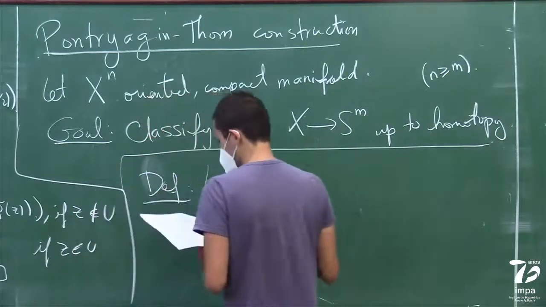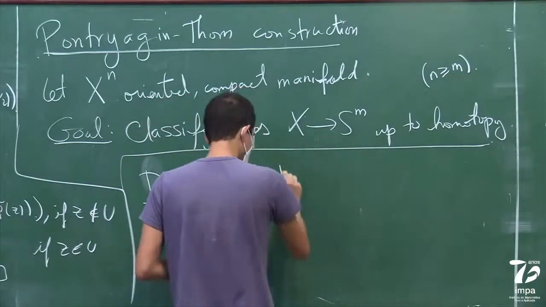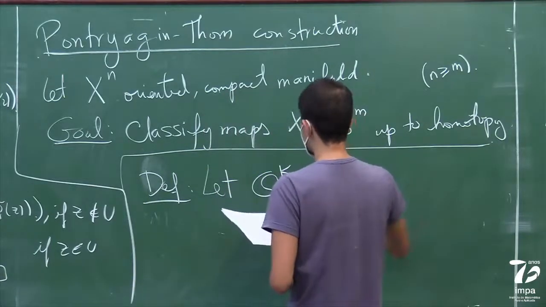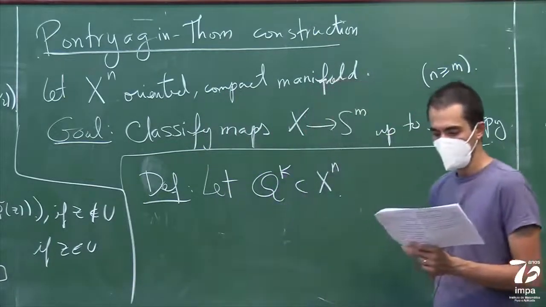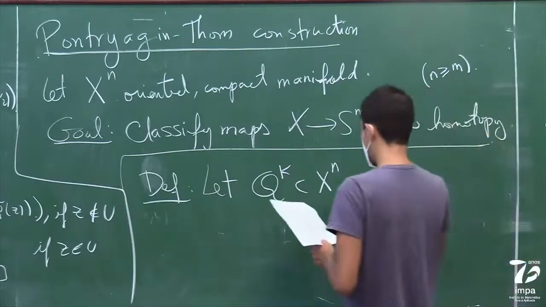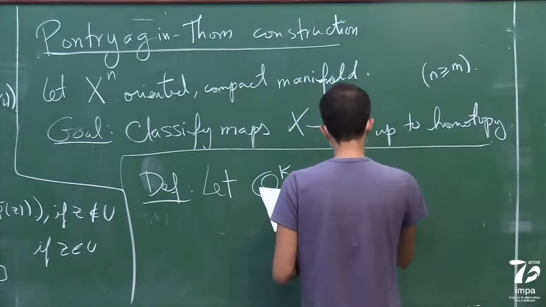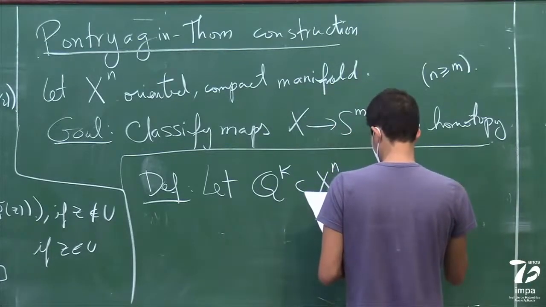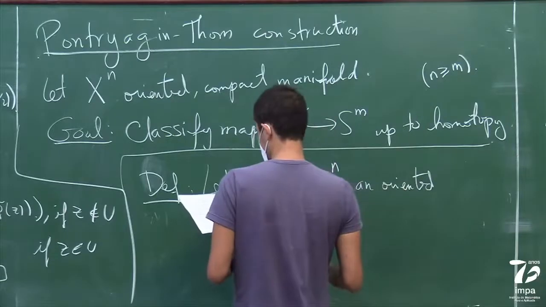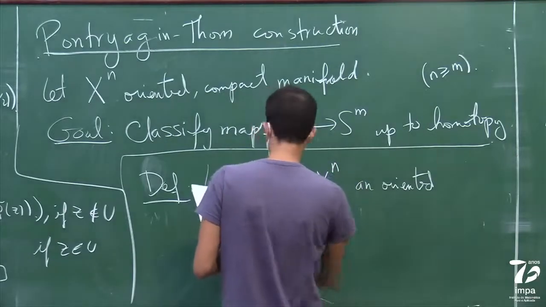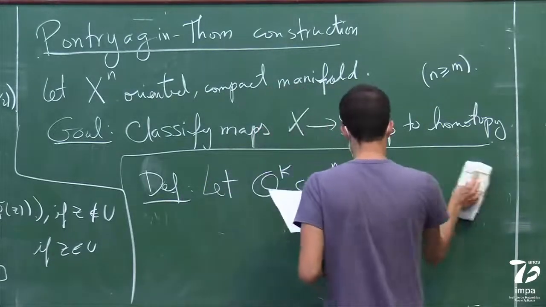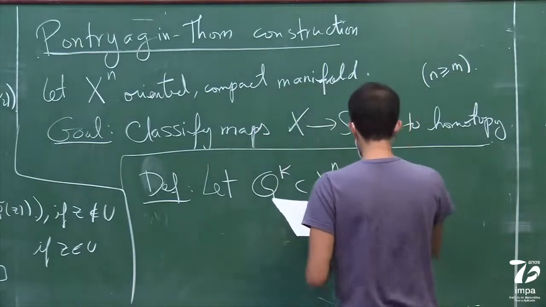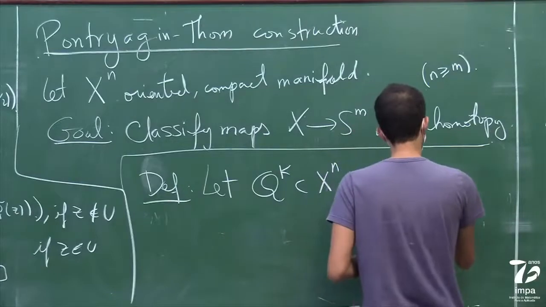So what's a framing? If we have a k-dimensional submanifold Q of X, say that Q is compact, unoriented. Well, it doesn't actually have to be compact, but let's just say, well, any submanifold, really. So a framing is the following thing.